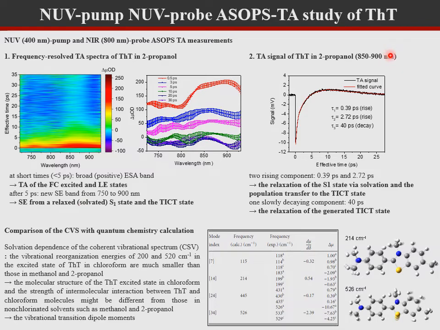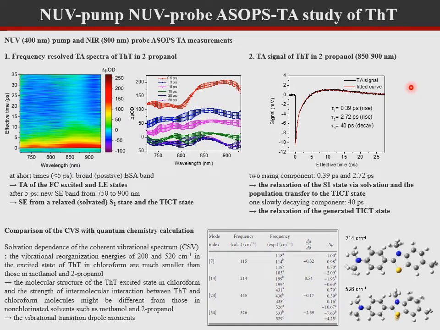The time profile of the NUV pump NIR probe signal in the wavelength range from 850 to 900 nanometers is also shown here. It could be fitted with 2 exponentially rising components and 1 slowly decaying component.